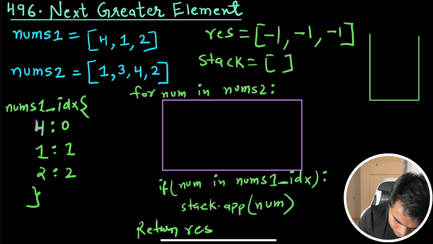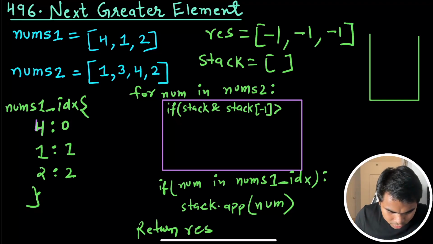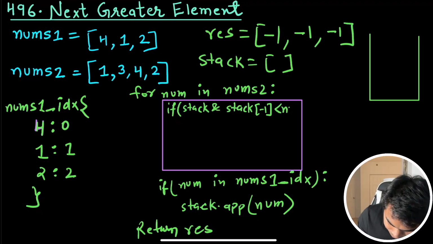Let me write the code here. So if stack is not empty, and stack dot top is actually smaller than num.